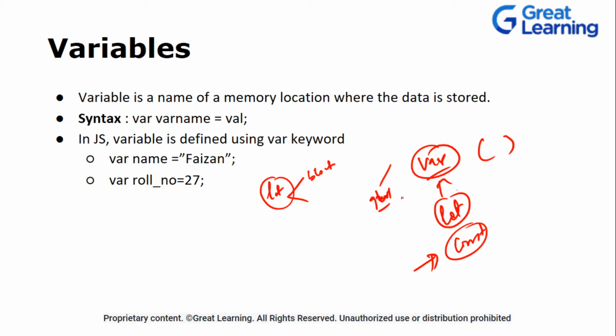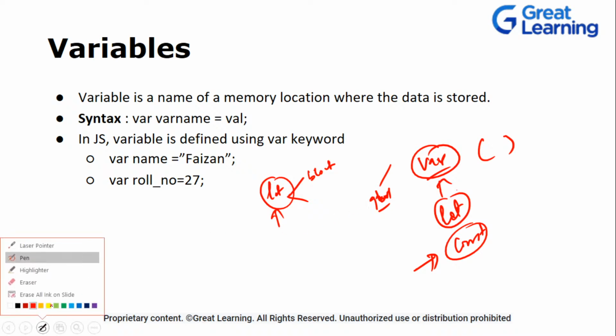Whenever you are declaring with let and var on the same block, the name can be the same, but on the same block they will throw an error, on a different block they will work. Let me give you an example and I will show you how it works.